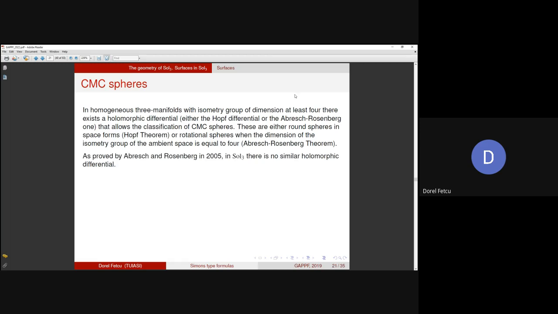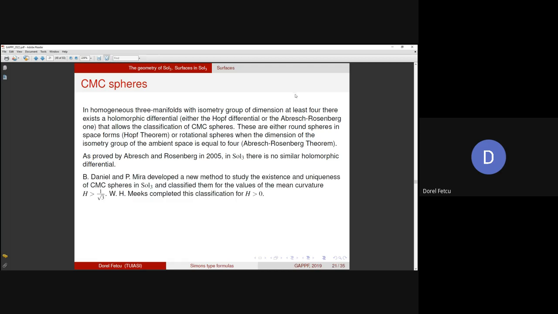Unfortunately, in Sol, there is no similar holomorphic differential. This was proved by Abresch and Rosenberg in 2005. So in order to study CMC spheres in Sol, Daniel and Mira developed a new method that allowed them to classify these CMC surfaces for all possible values of the mean curvature greater than 1 over square root of 3, a result which was completed by Meeks for all possible values of the mean curvature greater than 0.